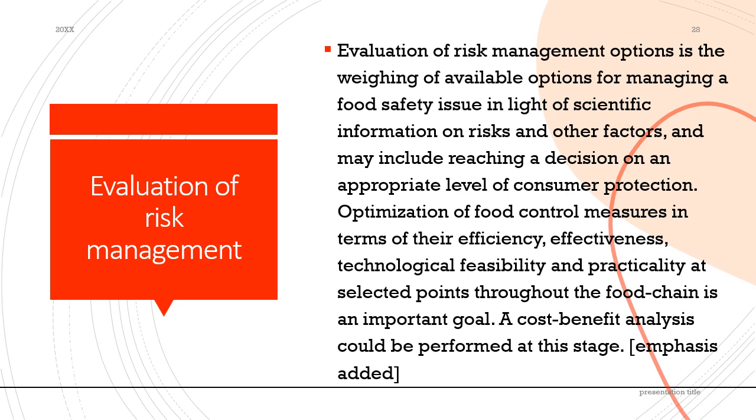Optimization of food control measures in terms of their efficiency, effectiveness, technological feasibility, and practicality, particularly at selected points throughout the food chain, is an important goal. A cost-benefit analysis could be performed at this stage.